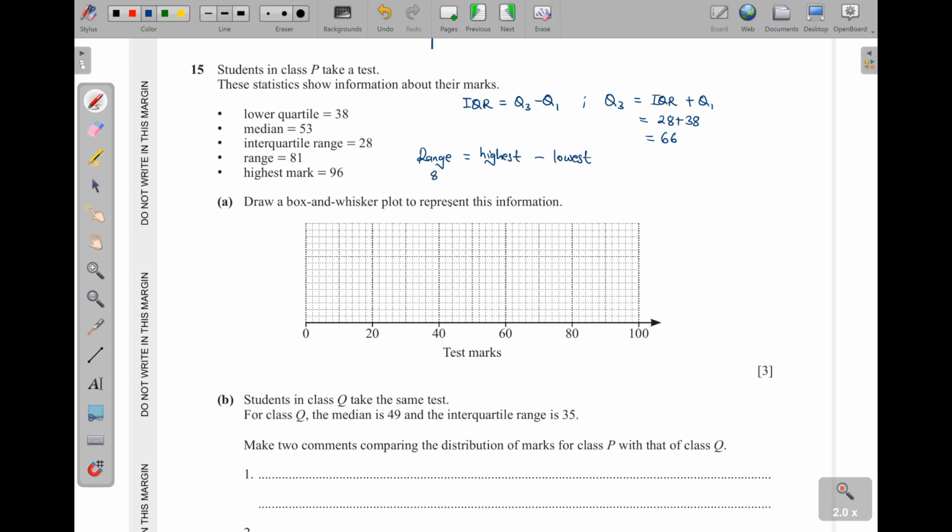So if range is 81 and the highest is 96, then we don't know the lowest. So if I bring x this side, this will be 96 minus 81, and then the lowest is going to be 15.